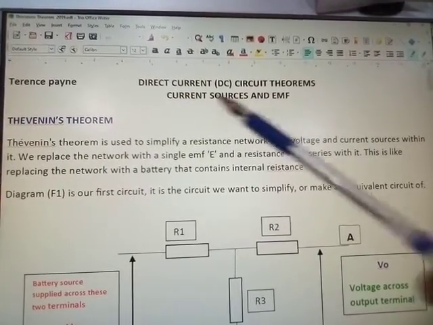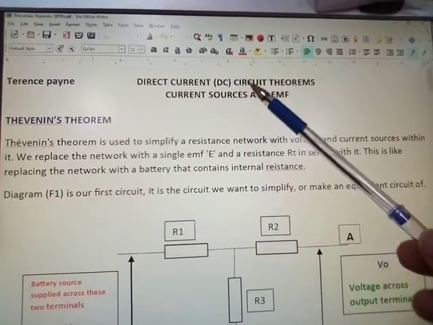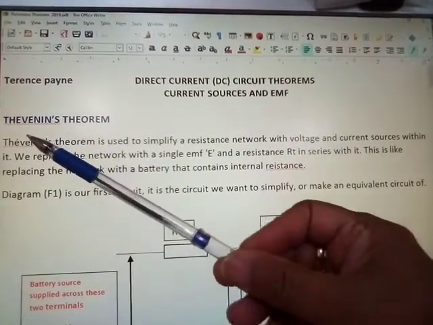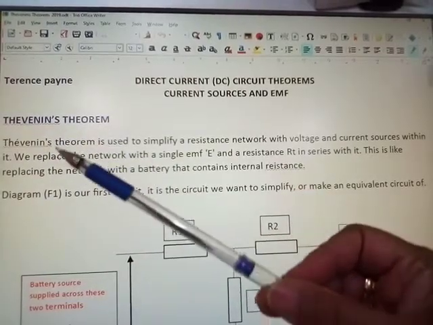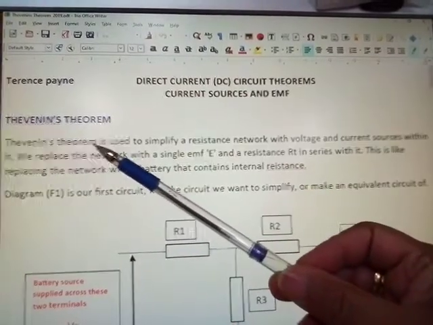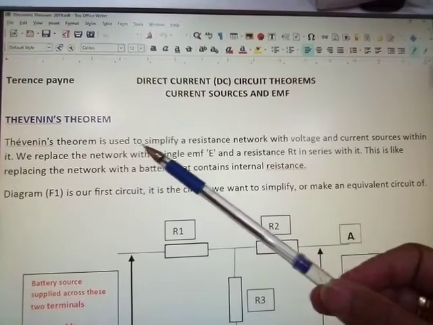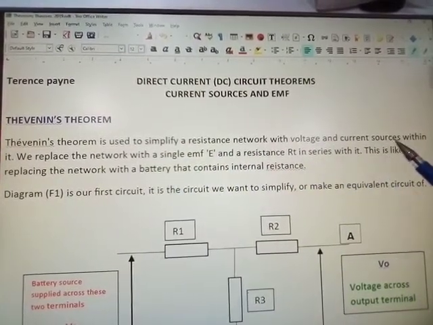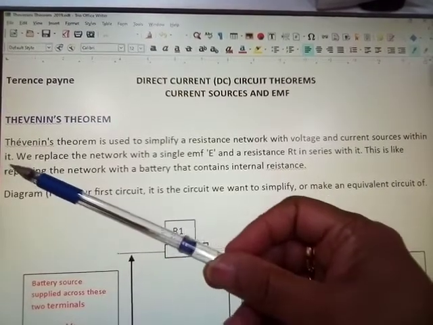Okay, what I want to look at is direct current DC circuit theorems, current sources and EMF. And I'm looking at Thevenin's theorem. Thevenin's theorem is used to simplify a resistance network with voltage and current sources within it.